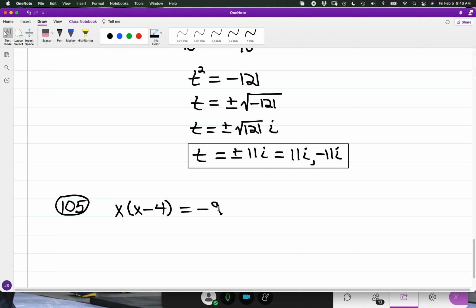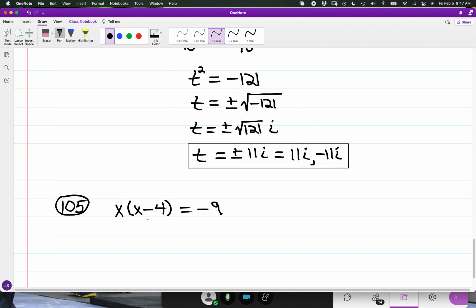For this one you had to be careful, because you have x expressions in factored form, and there might be a temptation to treat this as if you were solving by the zero product property. But again, you have x times x minus 4 is equal to negative 9. So do not use the approach of itemizing x and x minus 4 and setting equal to negative 9, because to itemize, you want the right hand side of the equation to be 0.